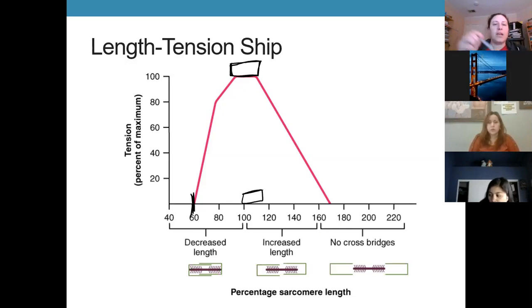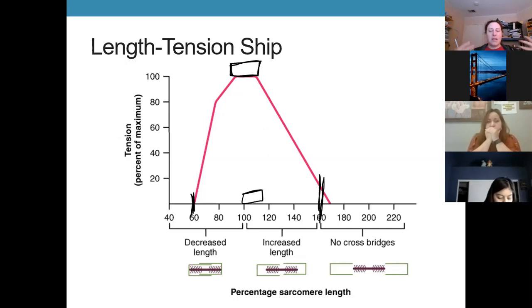And we can also get some contraction when things are stretched out. But if we get much past 160% of the sarcomere length, there are no cross bridges anymore. Our thin filaments have been stretched so far that there's no overlap between the thick and thin filaments.